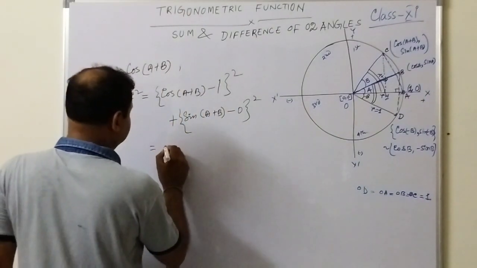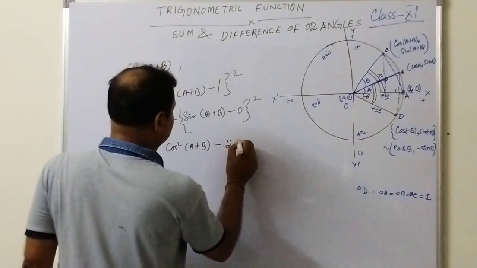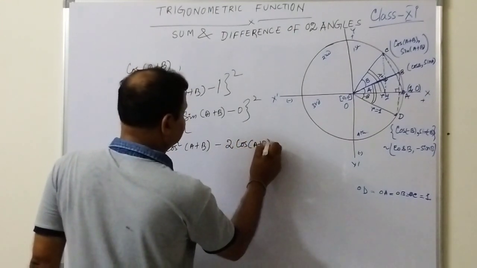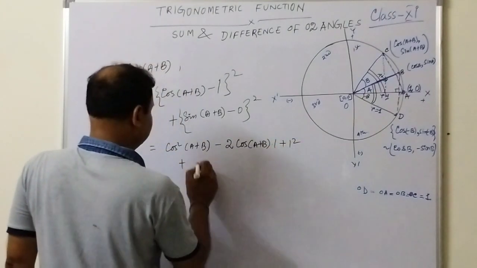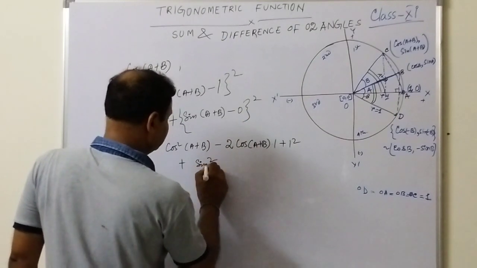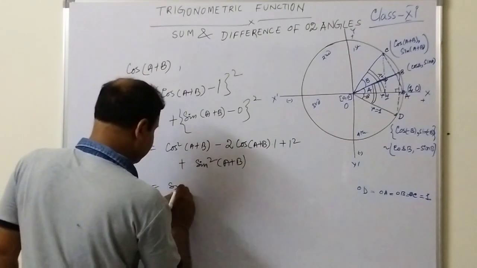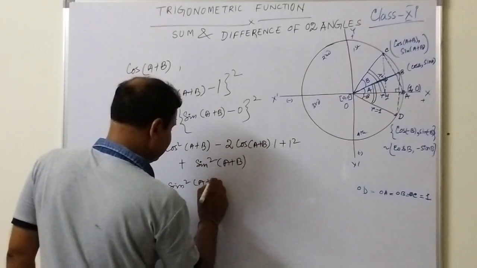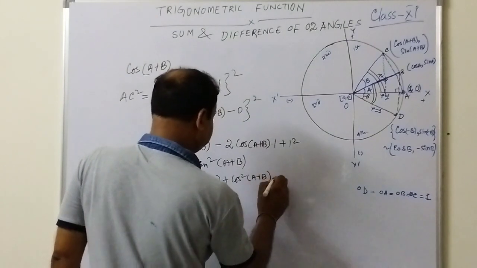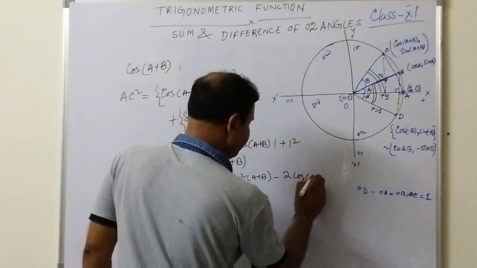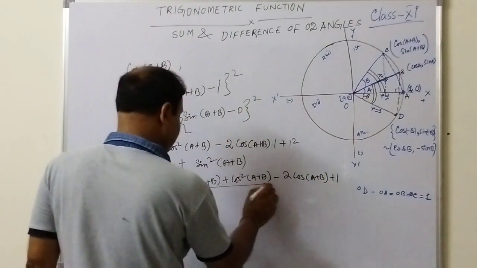So this is nothing but cos square A plus B, this is the derivation part only, minus 2 cos A plus B into 1 plus 1 square, and sin square A plus B. So rearrange this: sin square A plus B plus cos square A plus B minus 2 cos A plus B plus 1, and sin square theta plus cos square theta is equal to 1.